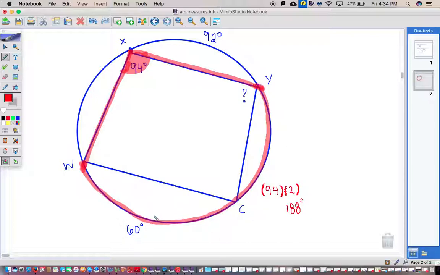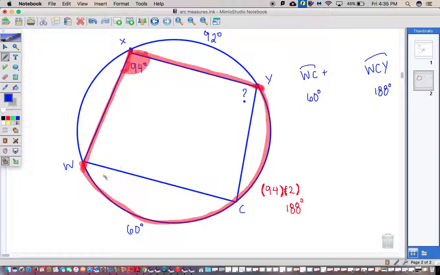Well, what we know is that this piece from W to C is 60. Arc WC is 60 degrees, and we know that arc WCY is 188 degrees.